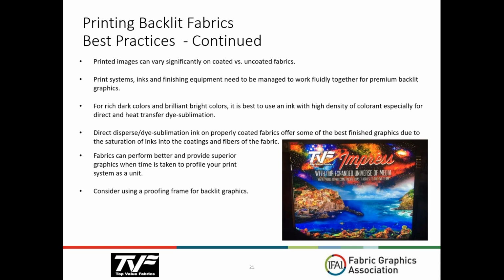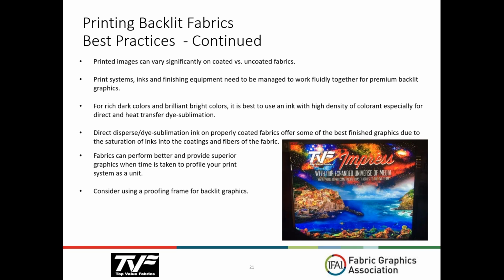A lot of customers will typically assign one printer that they've profiled carefully if they have multiple units, and typically lean on that printer because they know what the results are going to be with the ink that they're using. The other thing that I would highly recommend, as you see in this photo, is using a proofing frame for backlit graphics.